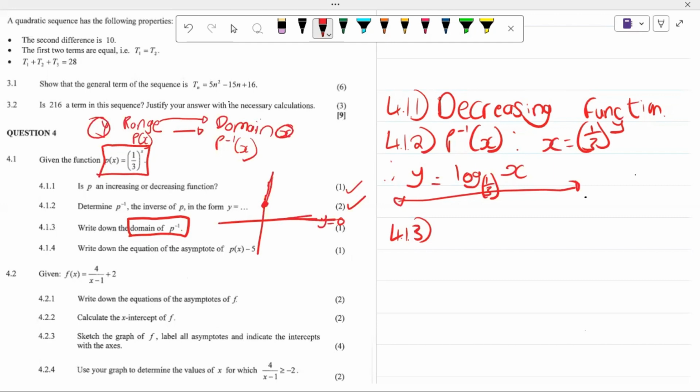So that's my y-intercept, and then here's my thing. If I substitute 1 over 3, which will be somewhere here, then I'm going to get 1 over 3. So my graph will look something like this, right?